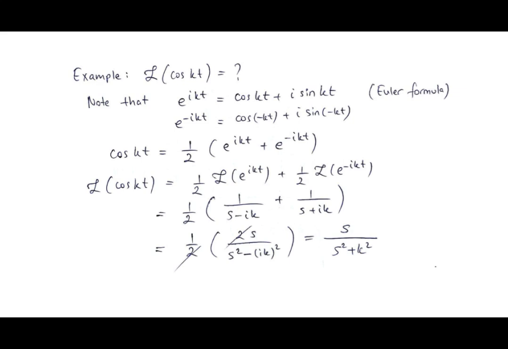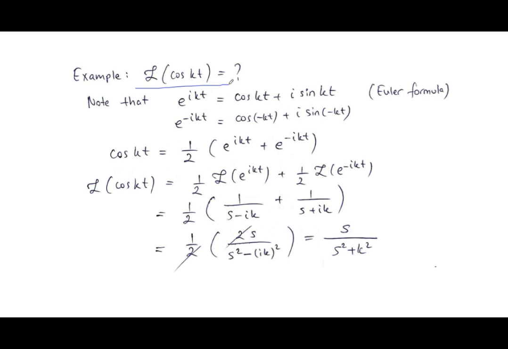Let's look at another example. This time we have a trigonometric function, cosine kt. For the Laplace transform of this expression, we can use another useful property from calculus known as the Euler formula.